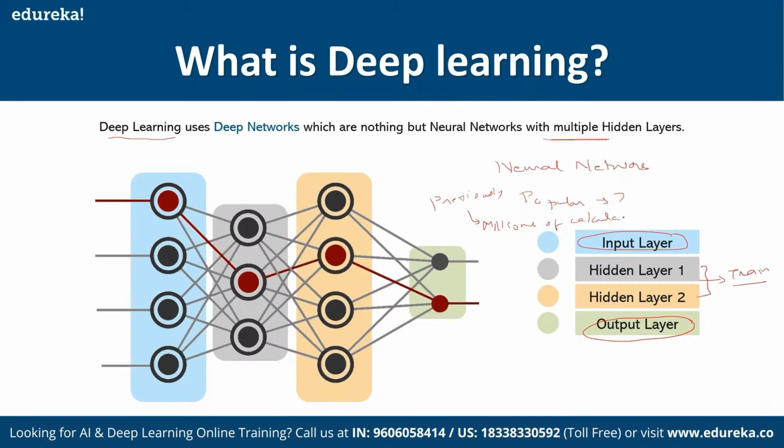That is why we have started training models with multiple hidden layers, which results in better accuracy. So deep learning in short is nothing but a neural network with multiple hidden layers.